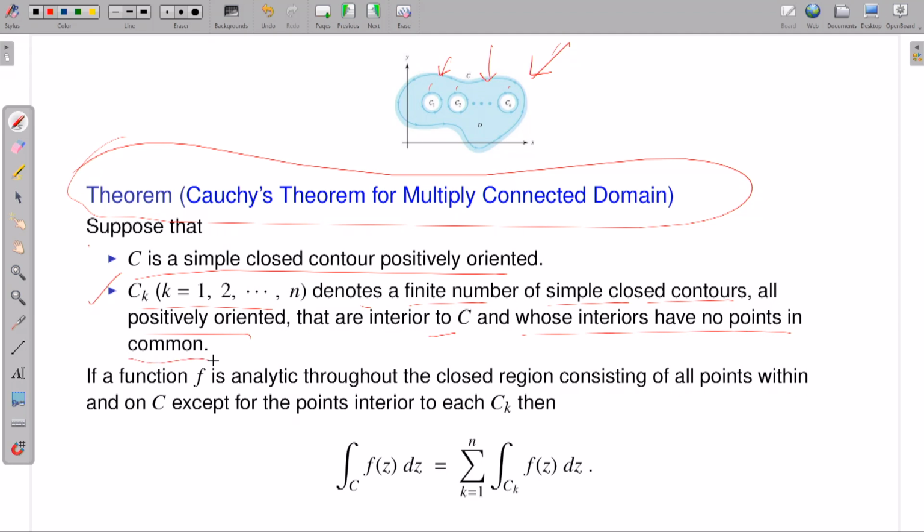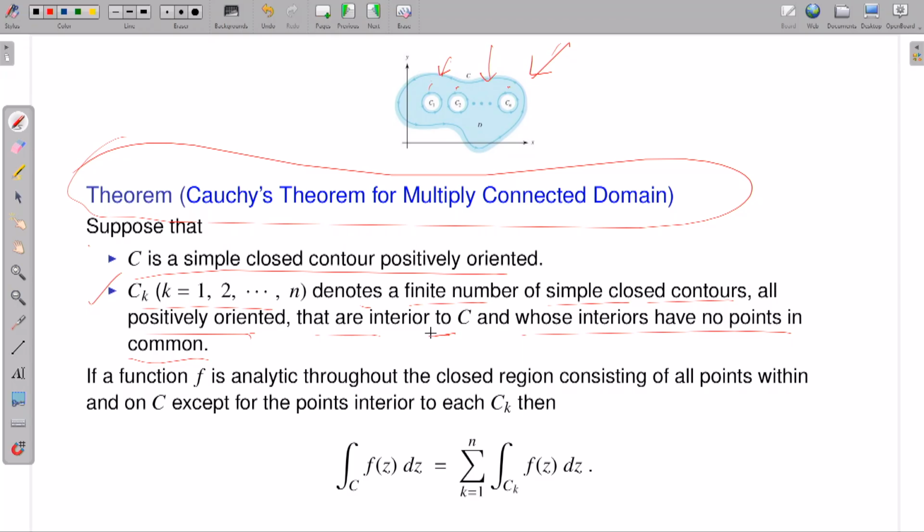So I am considering a contour C positively oriented as the bigger contour, and since there are finitely many holes, around each hole I consider a small simple closed contour, say C1, C2, up to Cn. What are the properties of C1, C2, Cn? The interior region bounded by C1 and the interior region bounded by C2 have empty intersection. All are positively oriented, and they are interior to C.